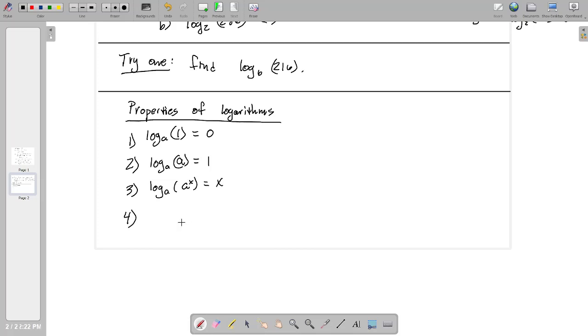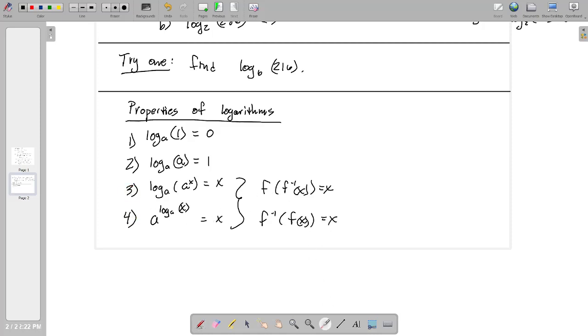And number 4, this one's a little bit less obvious. A to the log base a of x is equal to x. Now this one's a bit trickier. But what I want to state here is that these two properties are f of f inverse of x is equal to x, and f inverse of f of x is equal to x.